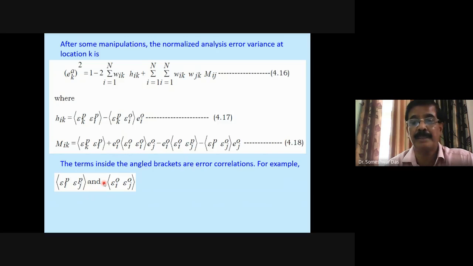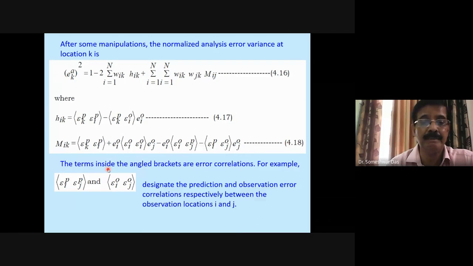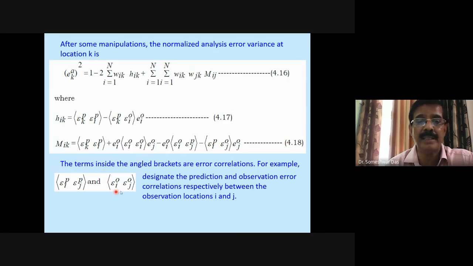Earlier, the angle bracket was representing the mean, but here it is representing the correlation between the neighboring points, of the errors of observation and errors of the prediction. So these two designate the prediction and observation error correlations respectively between the observation locations I and J.